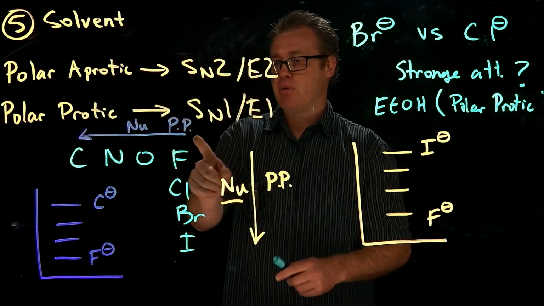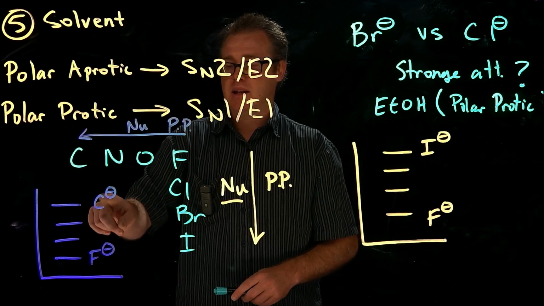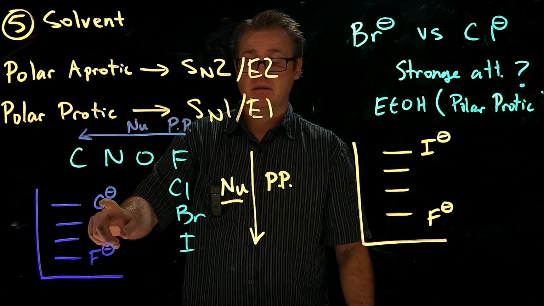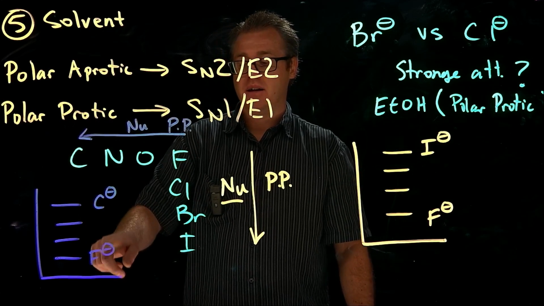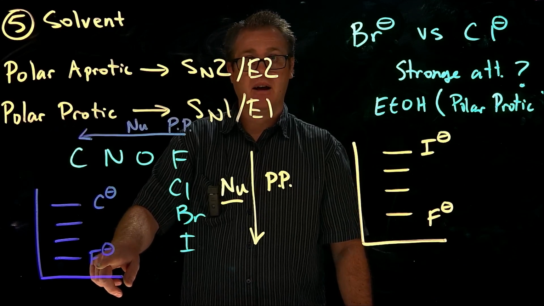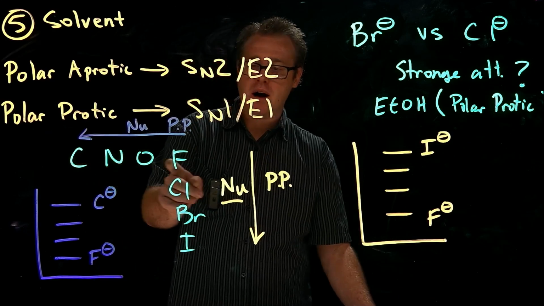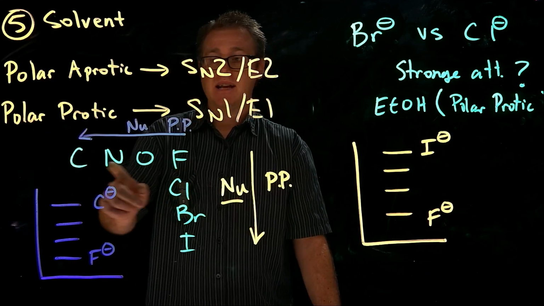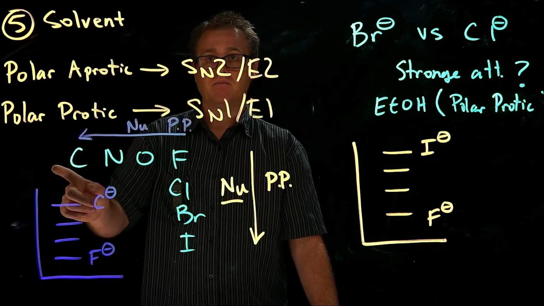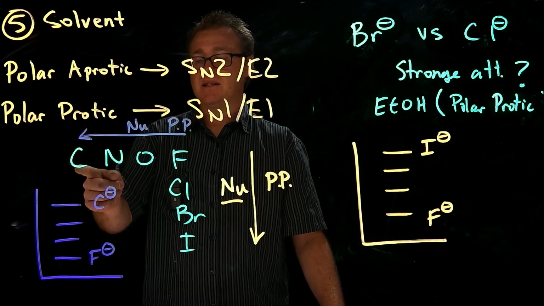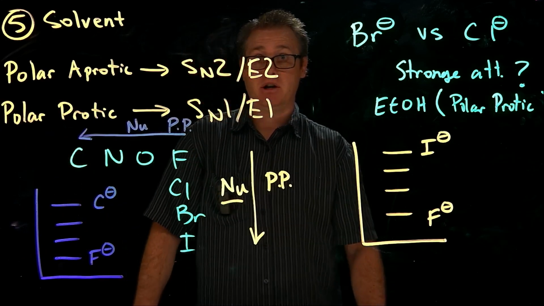So why do we have a trend in this direction? Why is the carbon anion a stronger nucleophile than the fluoride anion? And the principle is that when you go across the same period here, the sizes of the atoms don't change that much.